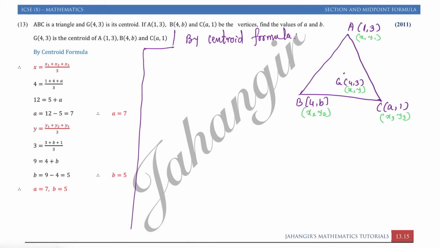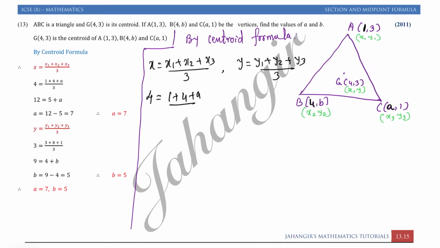So we can put x is equal to (x1 plus x2 plus x3) divided by 3, and y is equal to (y1 plus y2 plus y3) divided by 3. The value of x is 4, which is equal to (x1 is 1 plus 4 plus a) upon 3.